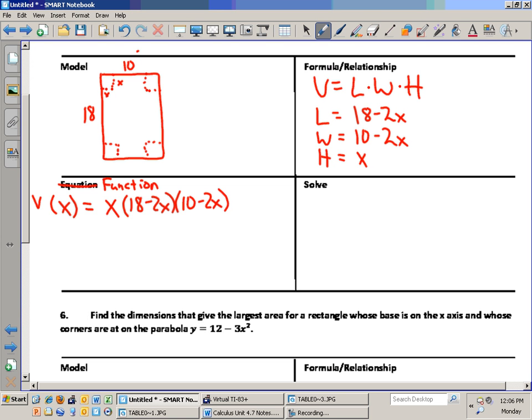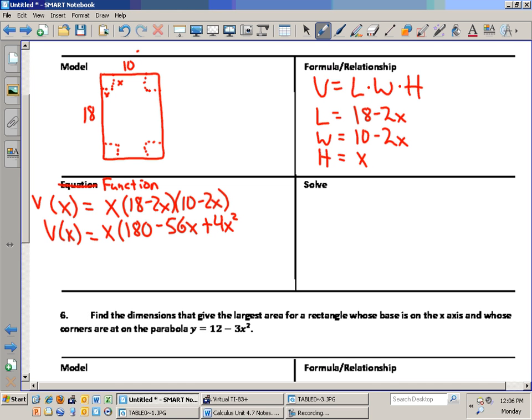I'll multiply the binomials together first. 18 times 10 is 180, and then 18 times 2x and 10 times 2x, 36x and 20x, right? So minus 56x, and then plus 4x squared.